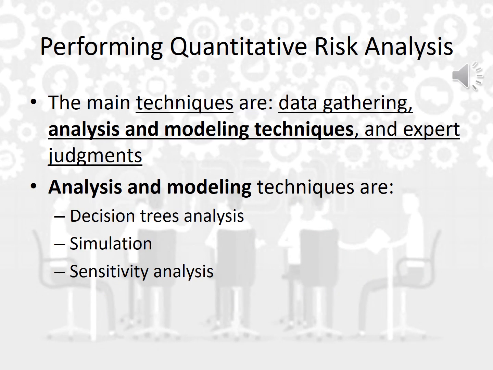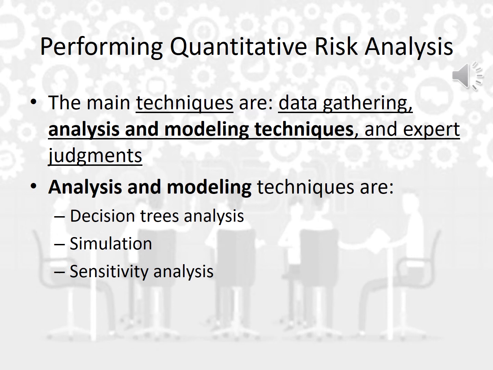Performing quantitative risk analysis is process number 4, which is implemented in the planning phase. The output of this process is project document updates. To implement quantitative risk analysis, we can use different techniques.